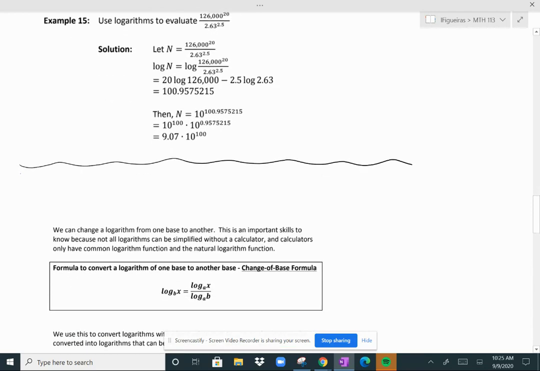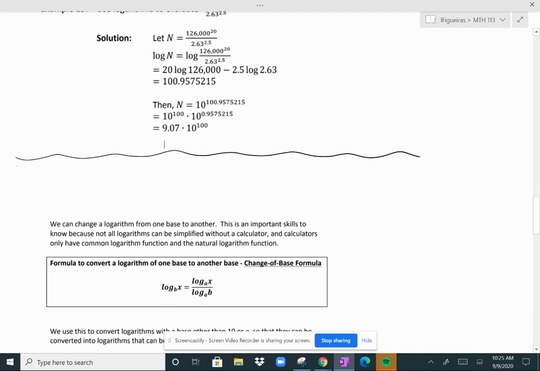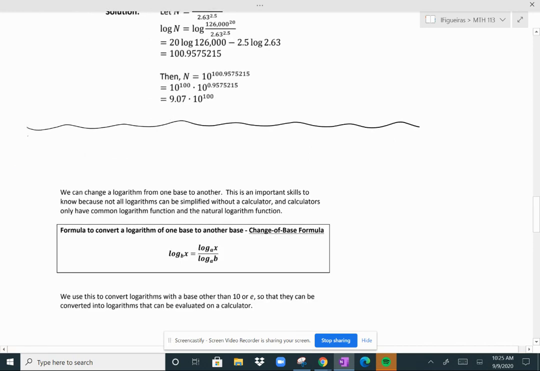Okay, so as we've talked about in the past, your calculator has something called a common logarithm, which is expressed as log, and a natural logarithm, which is expressed as ln. But if you need to evaluate a logarithm with a different base, your calculator is not capable of doing that.